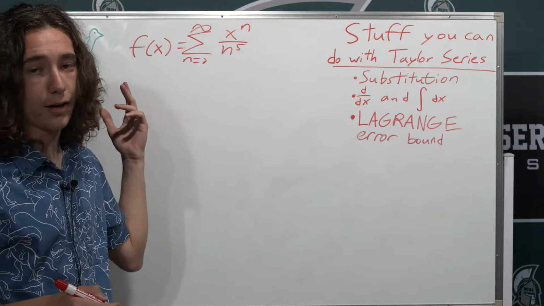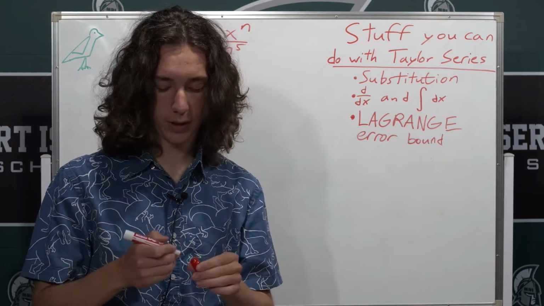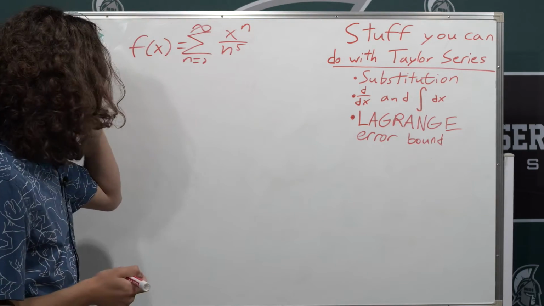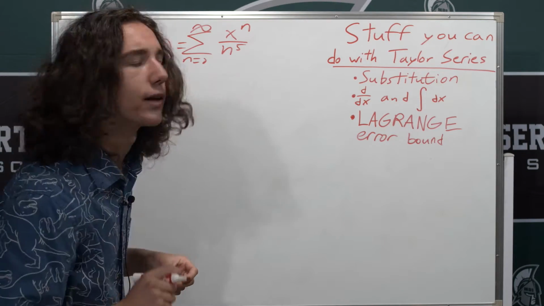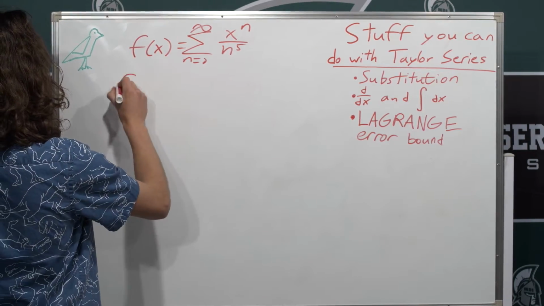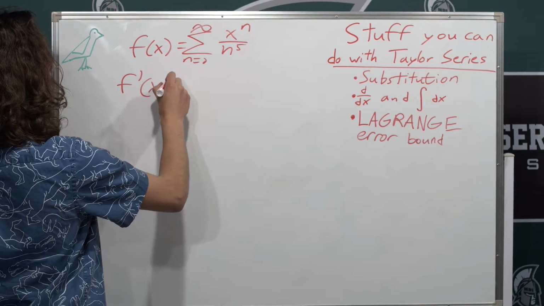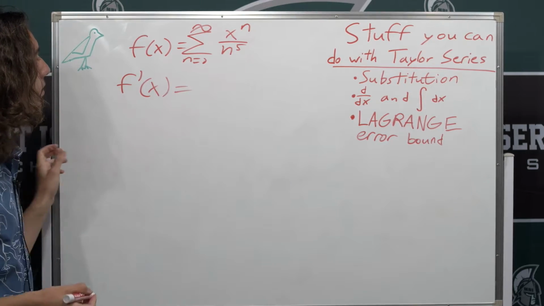Now that looks kind of like something simple, but it's not. There's that n to the fifth. So they'd give you this, and they'd say, hey, what is f prime of x?